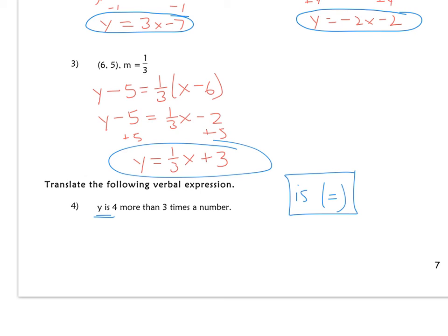When I want to translate this, I have "y is," so y equals, and then 4 more than 3 times a number. 3 times the number means 3x. More than means plus. And so I have 4 more than 3 times the number being 3x plus 4. Remember, "more than" you can flip around, just like "less than." So it becomes y is 3x plus 4.